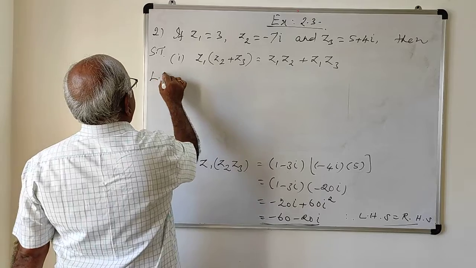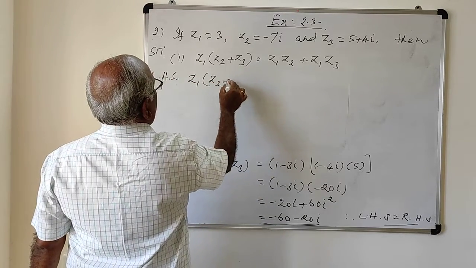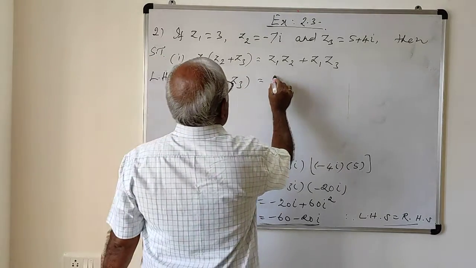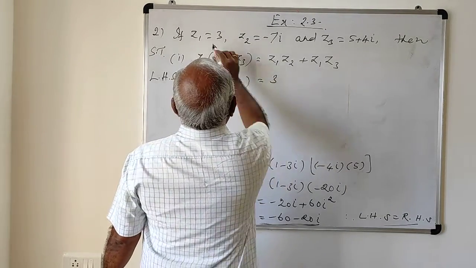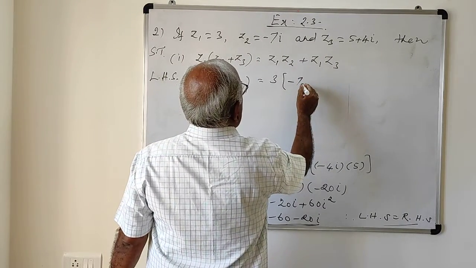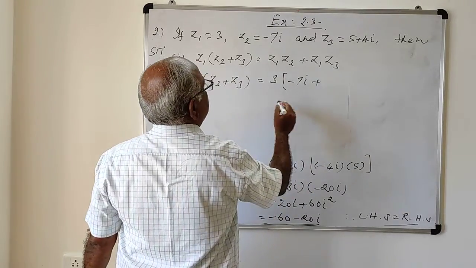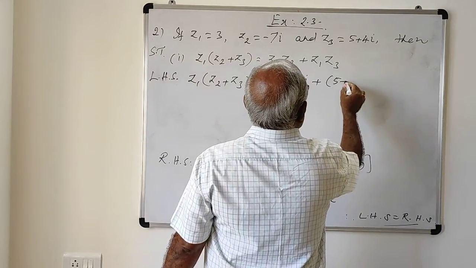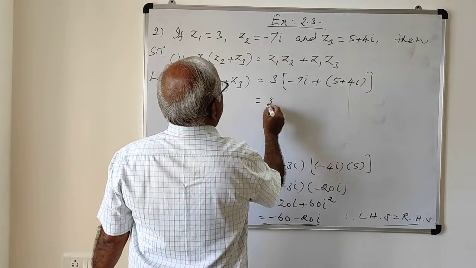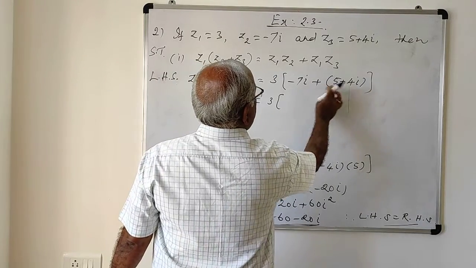Coming to the left hand side: z1 into (z2 plus z3) equals, what is z1? 3, into (z2 plus z3), that is minus 7i plus 5 plus 4i.